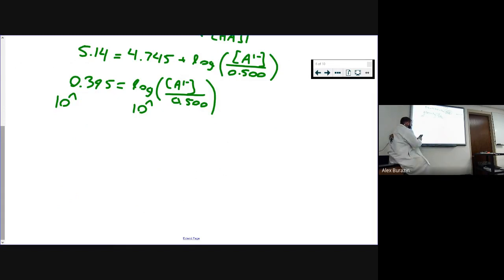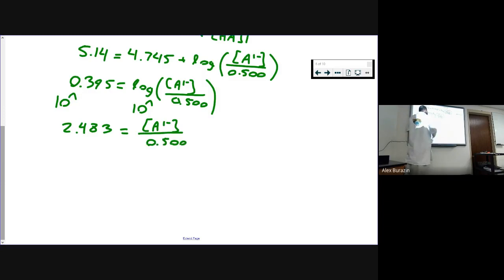So 10 to the 0.395 gives me 2.483 and so on, and this is going to equal A1 minus over 0.5. So then I multiply by 0.5. And I'm getting a molarity of A1 minus equal to 1.24.